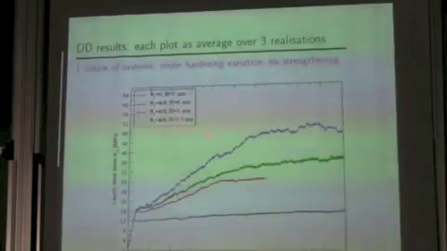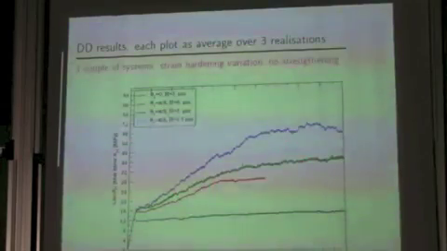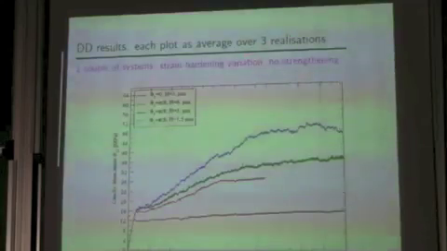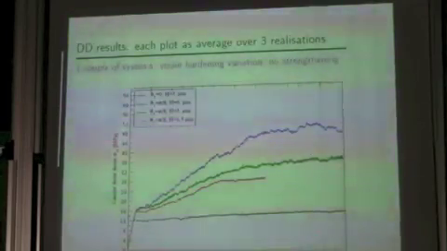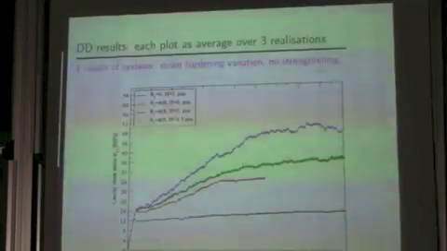The H changes from 1.5 micron to 6 micron, and each curve comes from the average over 3 realizations. You can see a little bit of strain hardening variation, but no strengthening at all. So the yield stress is always the same.